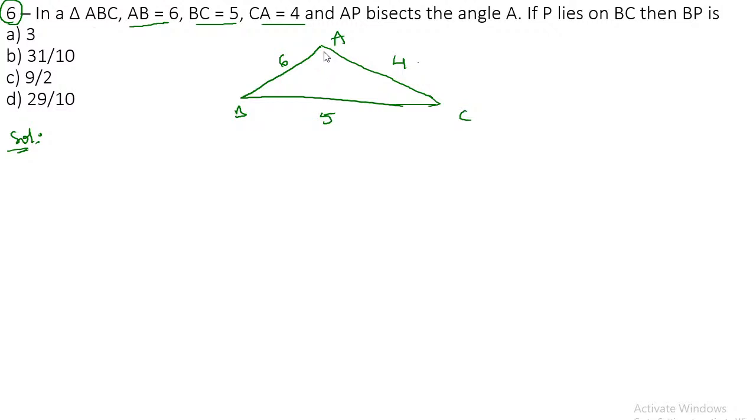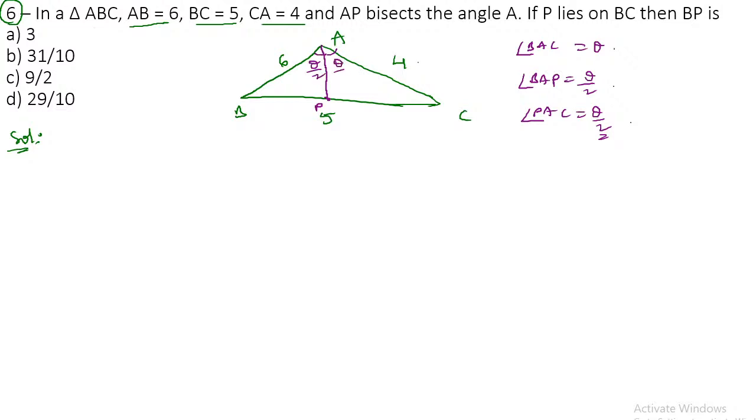and then AP bisects the angle A, and P lies on BC. So if angle BAC is equal to theta, then angle BAP is equal to theta by 2, and angle PAC is equal to theta by 2, because this line AP bisects the angle.